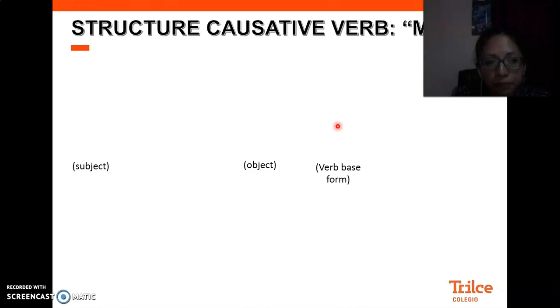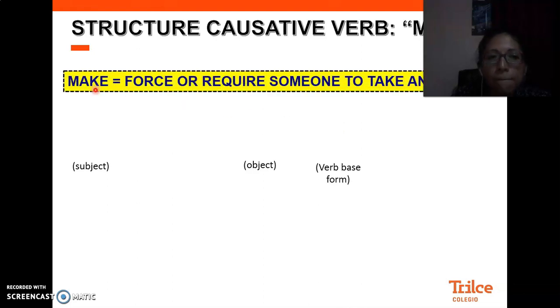Remember, make means force or require someone to take an action or to do something. Generally, something he or she doesn't like. Subject, someone: he, she, they, you, we, I.